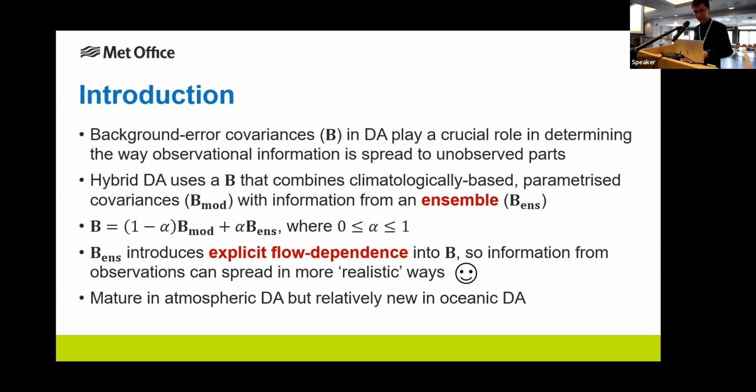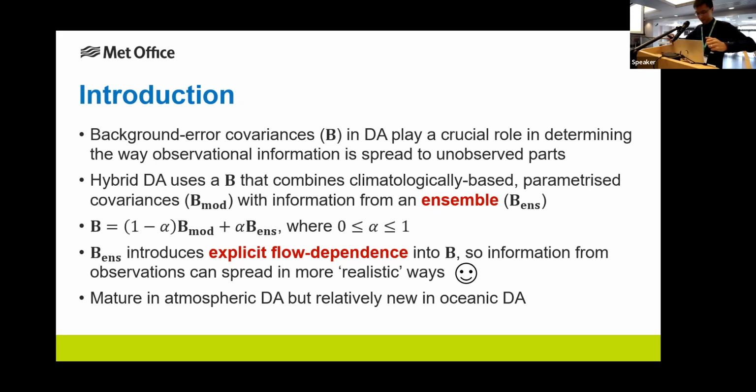So you can see that this is a linear combination with the coefficient alpha here, with alpha being between 0 and 1. So having hybrid DA, this would introduce explicit flow dependence into the B matrix. So you can imagine that information from observations can spread in a more realistic way, in a way that is more reflective of the current state of the system.